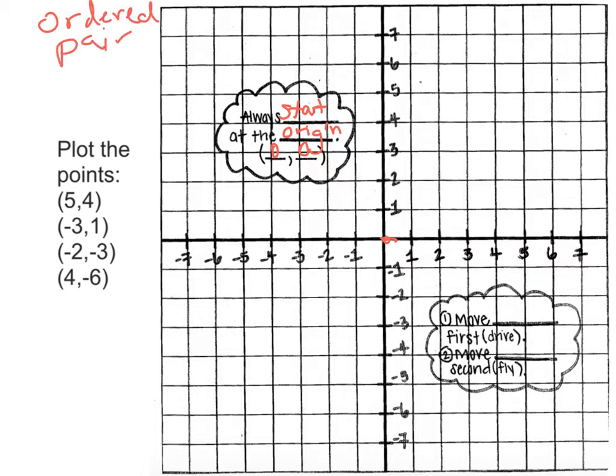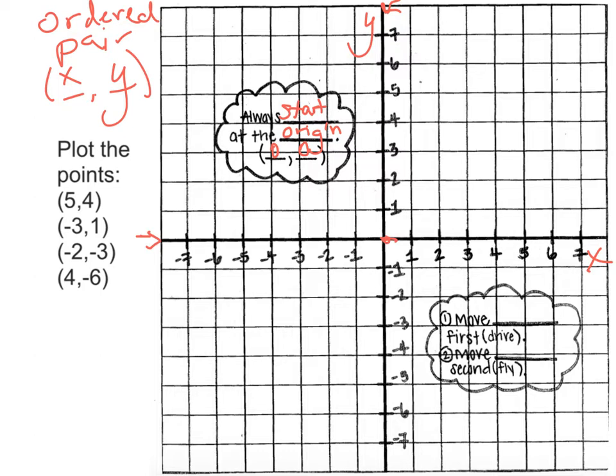An ordered pair is a set of numbers. The first tells you where to move on the x-axis. The x-axis is the horizontal axis, it's this number line here. And the second number is the y-axis, and that's the vertical axis, the one that goes up and down. That's this number line right there. So when you go to plot points, the first number you see is x.